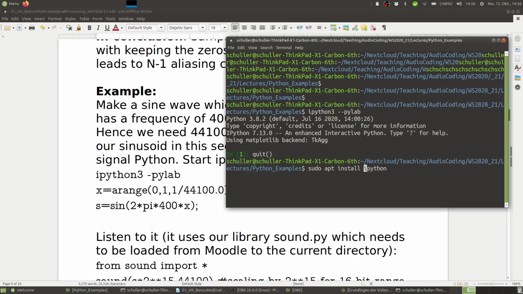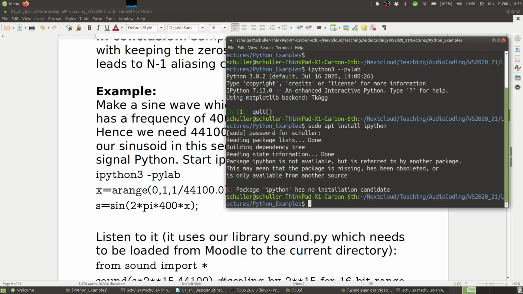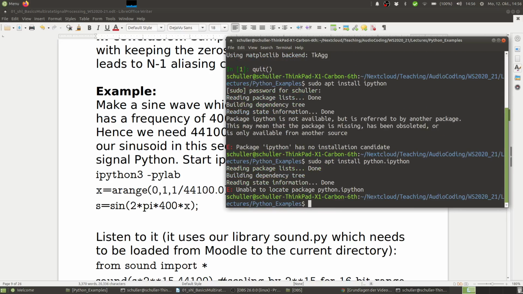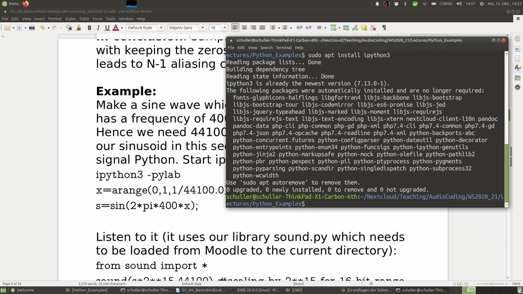So this is also an advantage of Linux, that you can easily install missing software or missing libraries. So password needed. Oh, it's not available. Then maybe it works with Python. Interesting. Yeah, sometimes you have to look around a little bit before it works. Yes, this works. So IPython 3, it knows.